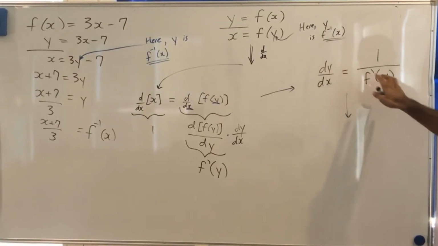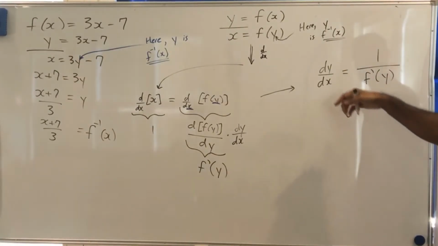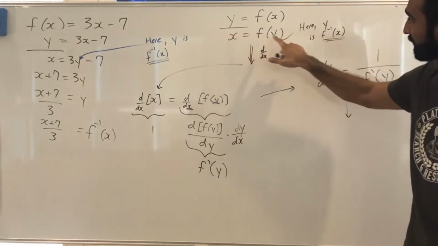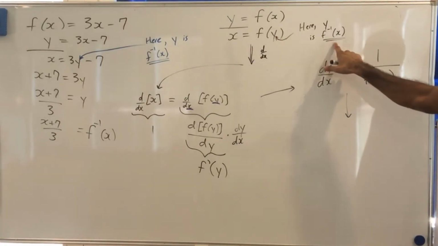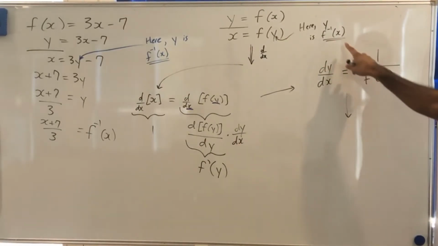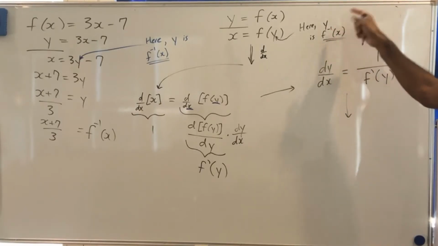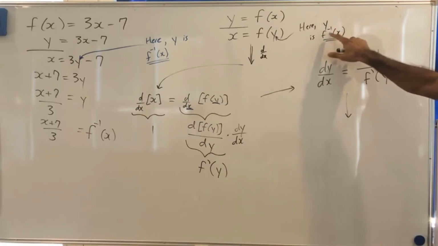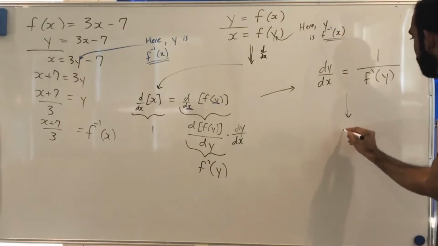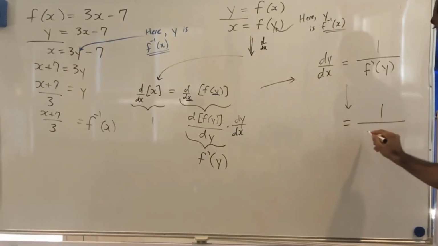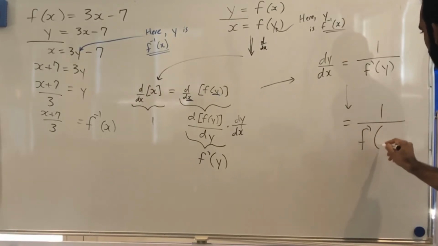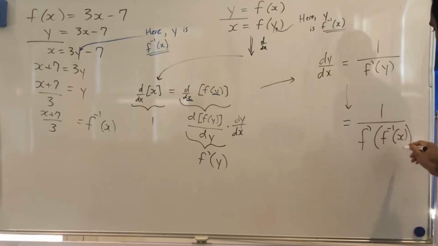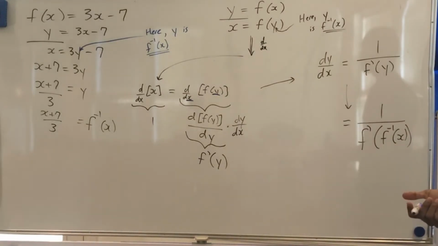Now, I want to get rid of all the y's. I just want something with x's in it. So we noted in this process, at the very beginning, that y was this. So if I take this and replace it with f prime, sorry, not f prime, if I replace that with the inverse of f, on the right side I have 1 over f prime of the inverse function evaluated at some general x coordinate.